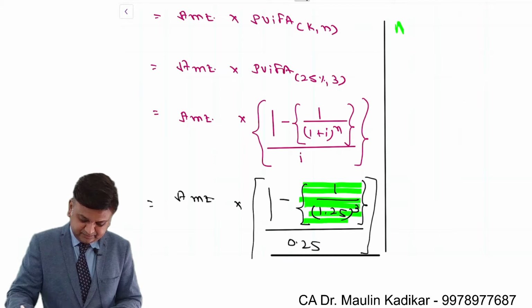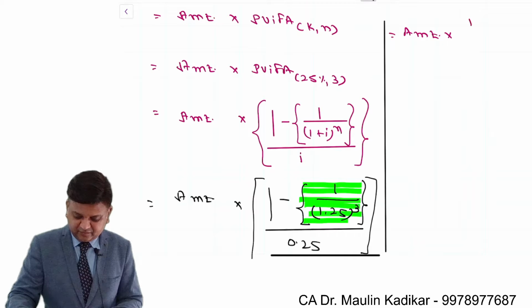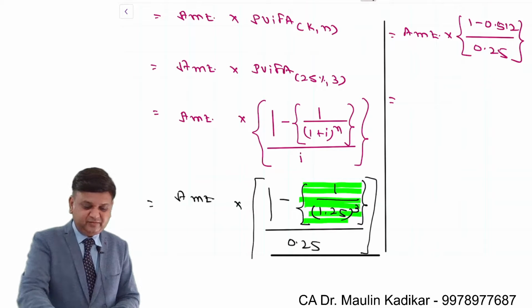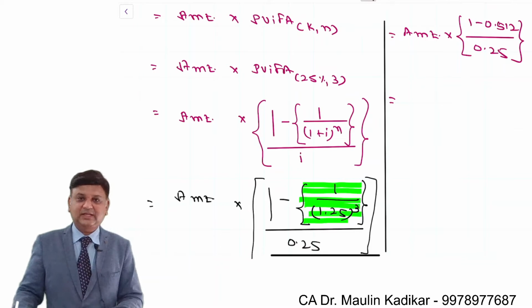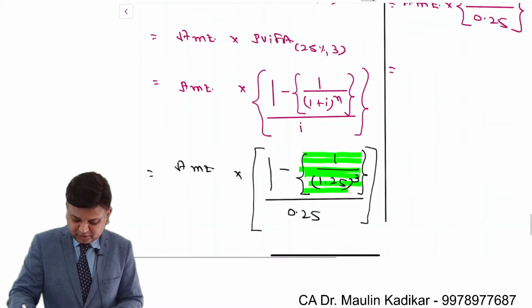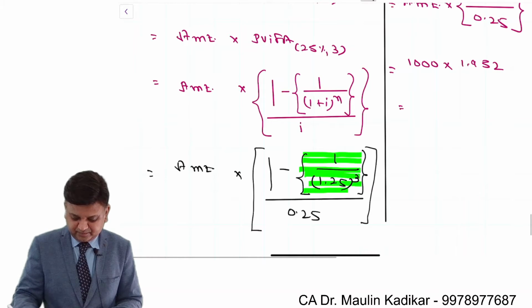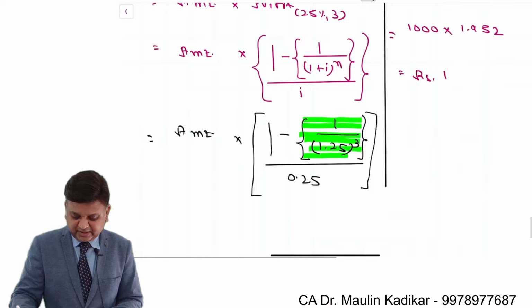So it is amount into 1 minus 0.512, divided by 0.25. 1 minus 0.512 is 0.488, divided by 0.25 is 1.952. So it is 1000 into 1.952, that comes to rupees 1952.